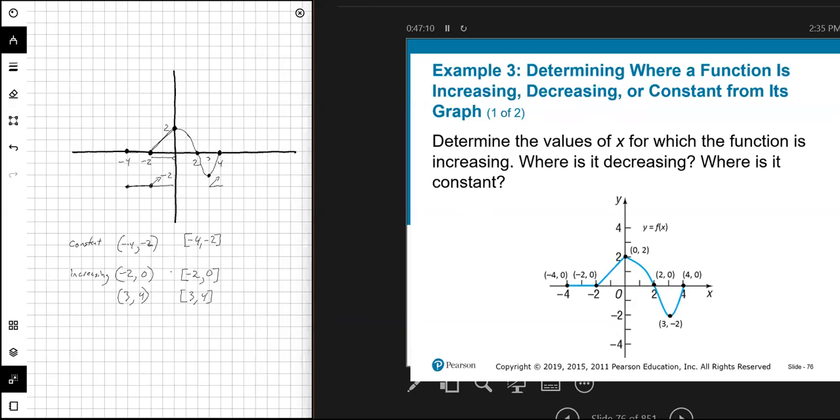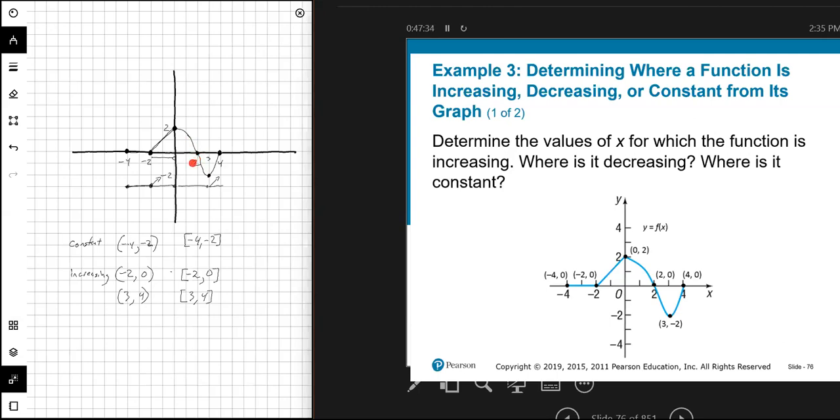So that covered those intervals. The only interval left is from 0 to 3. Notice I skipped this 2 here, because the y values don't change direction. So they just put a dot there.